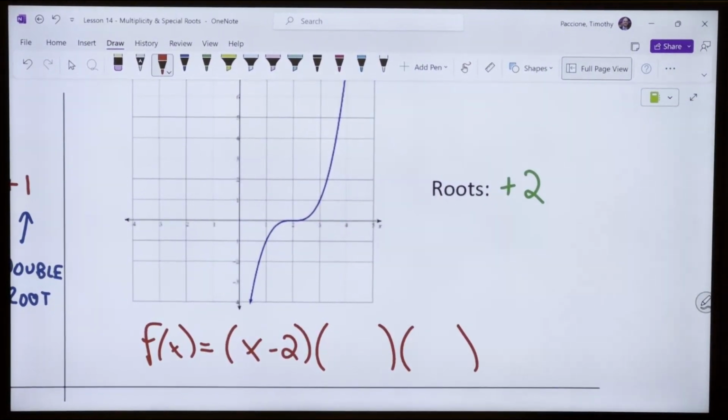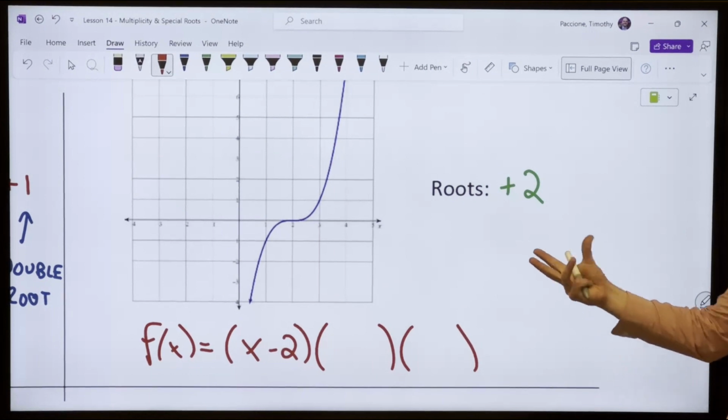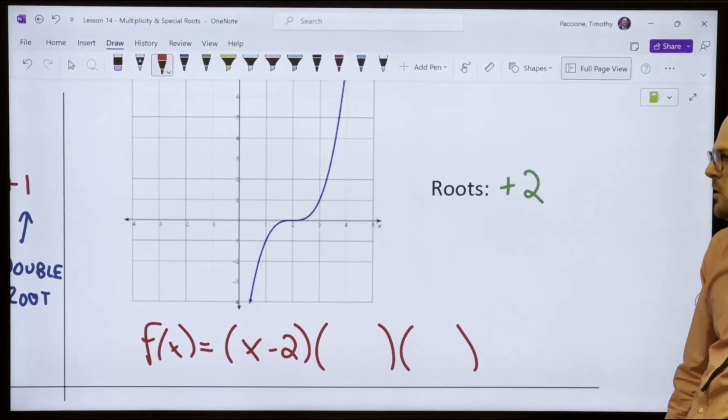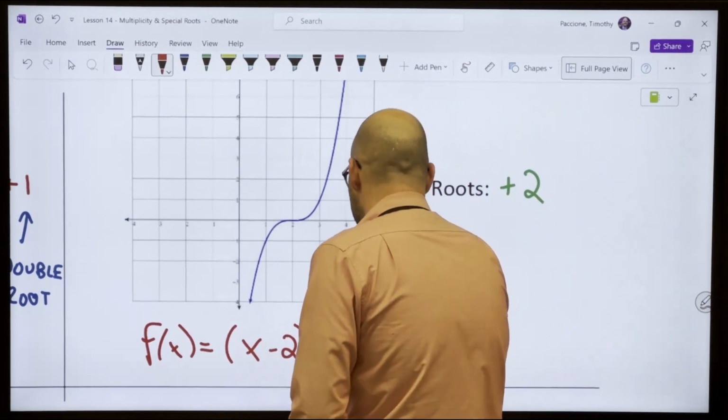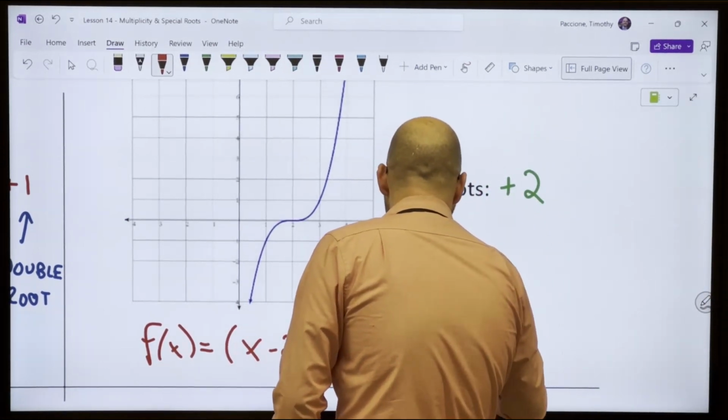What do we think might be happening here? I think it might be a triple. Yeah, that's a good prediction, because we're talking about multiple roots, and we got one of our roots, so x minus 2 and x minus 2.